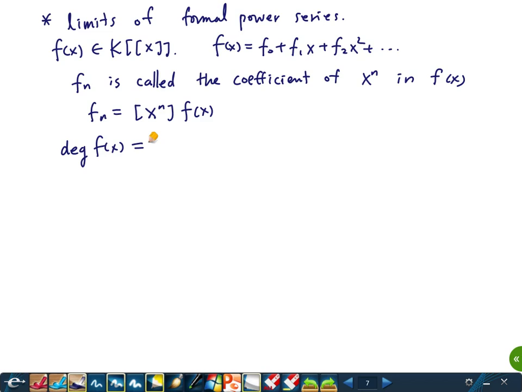But for formal power series, if you define degree like that, most formal power series will have degree infinity. So we define this in the other way. This is the smallest d such that the coefficient of x to the d is non-zero.